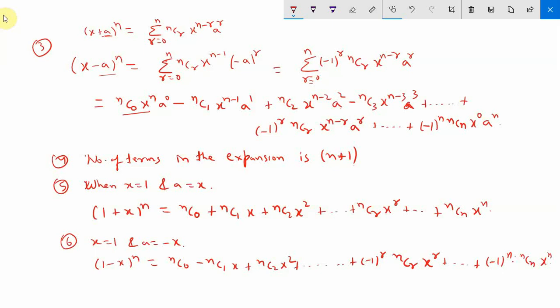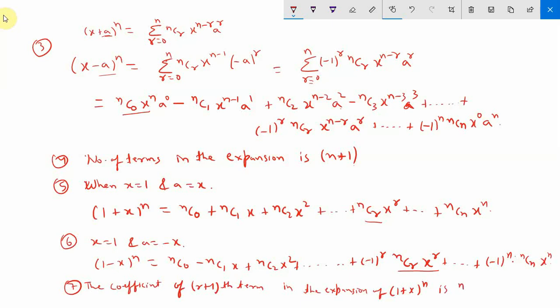If we see this term, it is the r plus 1th term. In 1 plus x, we can write the coefficient of the r plus 1th term in the expansion of 1 plus x to the power n is nCr.